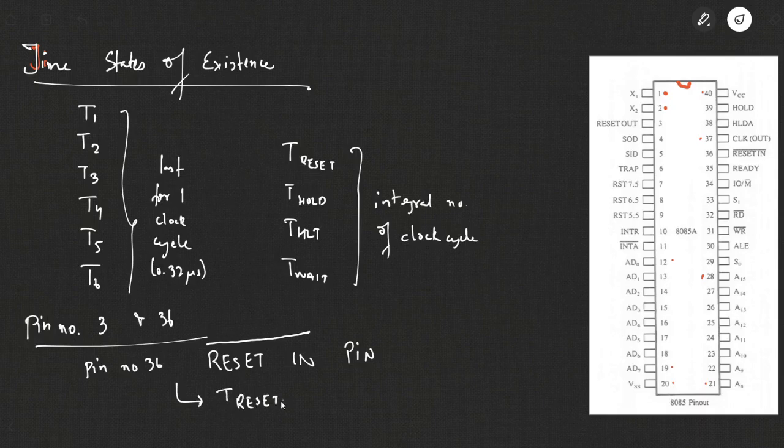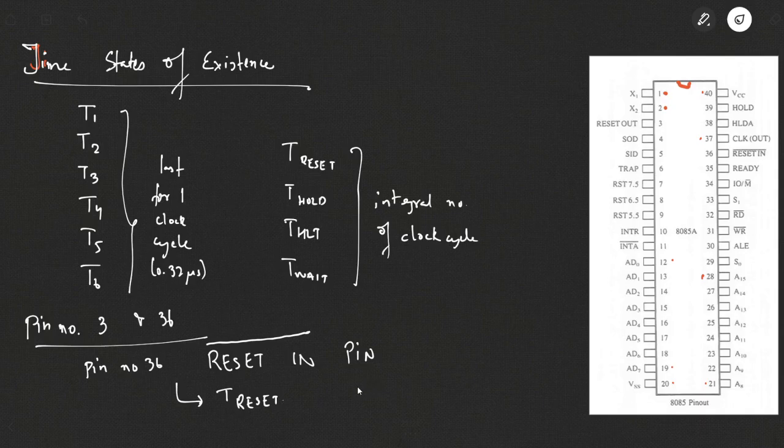Fine. So the microprocessor basically will perform a number of actions in this reset state. One of the actions that the microprocessor performs is that a high signal is issued to the reset out pin, which results in all the peripherals connected to the microprocessor being reset as well.